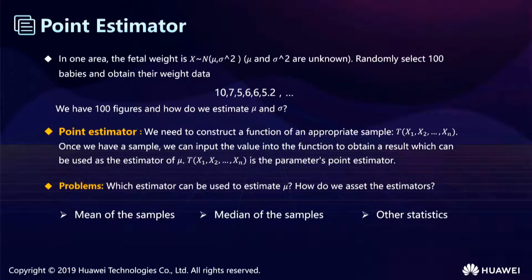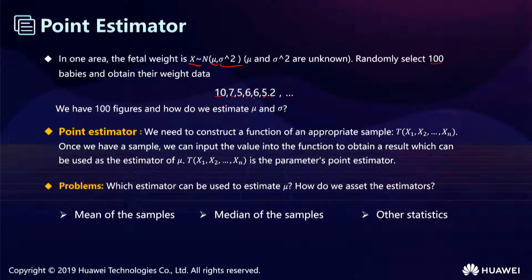And here is an example of the point estimator. Suppose that there is a statistical population, and its distribution function is X, with mean value mu and variance sigma squared, and we randomly select 100 samples and obtain their weight data, such as 10, 7, 5, 6, 6, 5, 2.